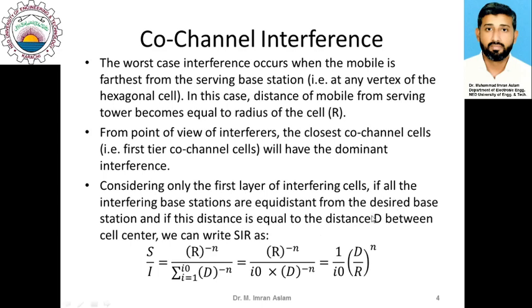So d is actually representing the approximate value for the distance from the mobile equipment, but you must note that by our definition we have denoted d to be the distance from the base station, not from the mobile equipment.